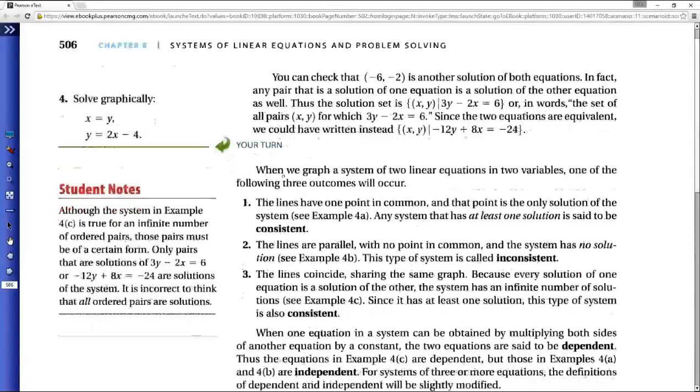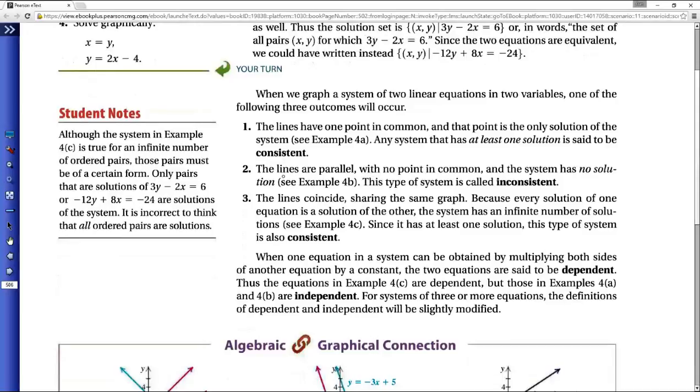So when we go through this stuff here, there are three things that can happen, and they put some terminology in here to lock on, or hopefully do that. If we have something that is consistent, we say there is at least one solution. If it's inconsistent, it means that there's absolutely no solution. So if we have a system of two linear equations, then it would mean that they're parallel and they don't lie over the top of each other.